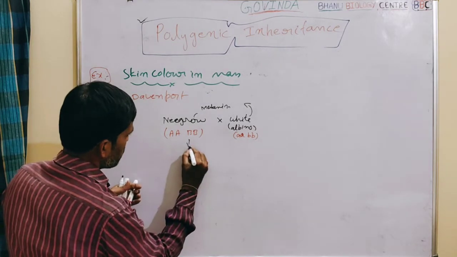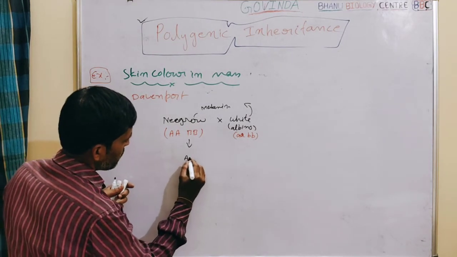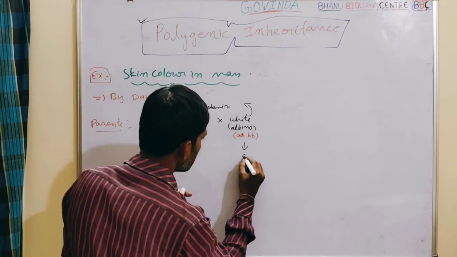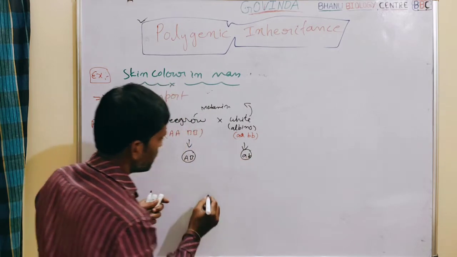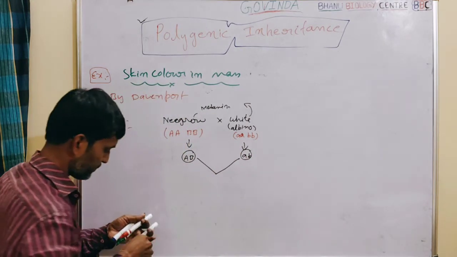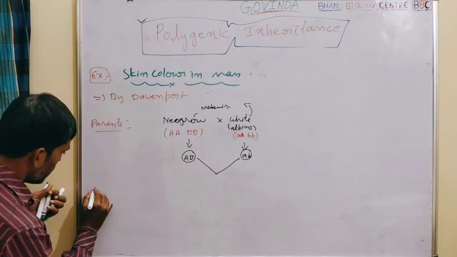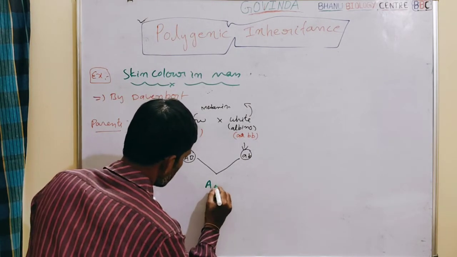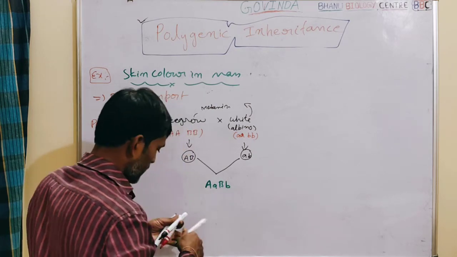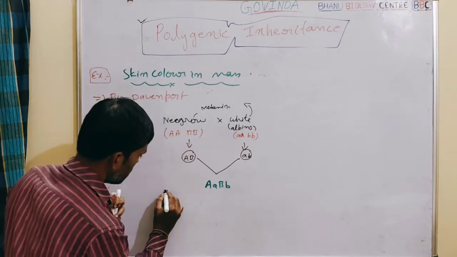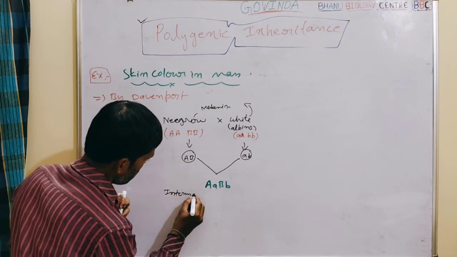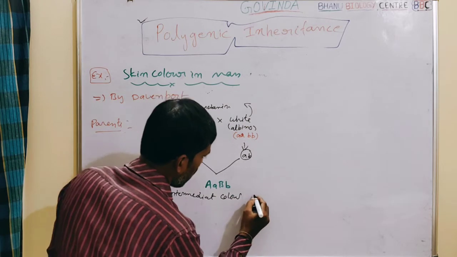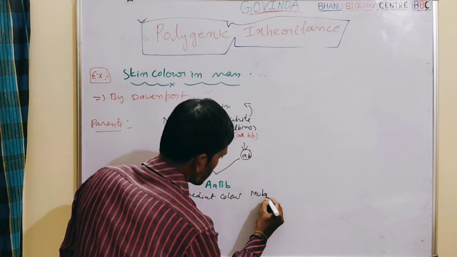Gametes produced by Negroes have A, B genes, gametes produced by albino race have small a, small b genes. Next, go for crossing. The F1 hybrid we obtained here has the genotype capital A, small a, capital B, small b. This is intermediate color, called mulatto.